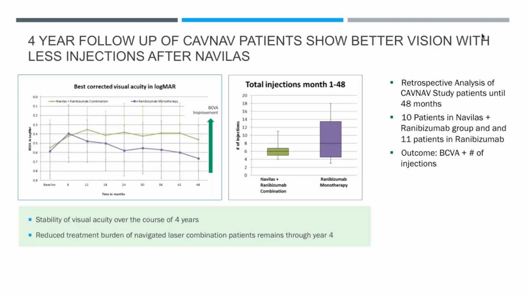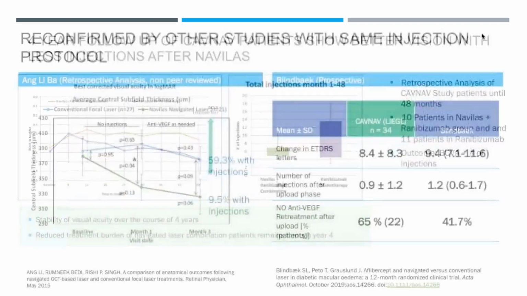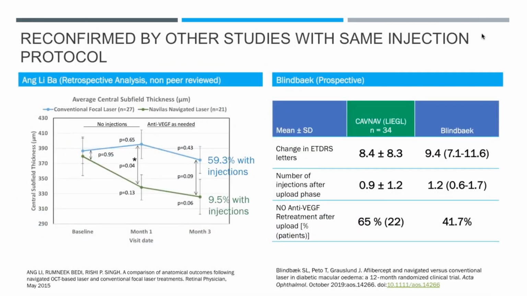So the conclusion being that more accurate treatment achieved by navigated photocoagulation has a longer effect and will lead to reduction of subsequent injections, which is what we want to see in these chronic diseases. Several other groups have found this interesting concept, and some were able to reproduce the results.